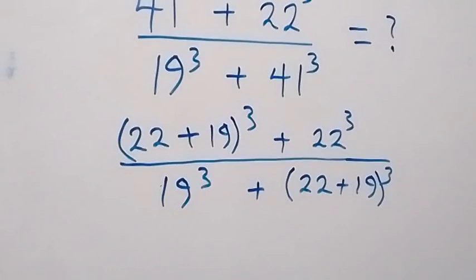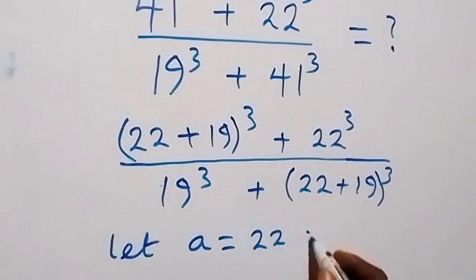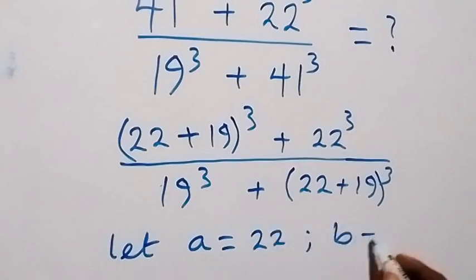Then here, to make our work easier, let's represent 22 with a letter and 19 with a letter. So let letter A be equal to 22 and letter B be equal to 19.